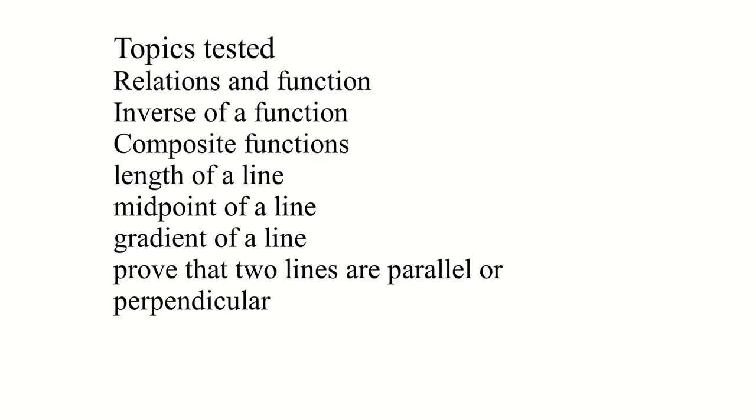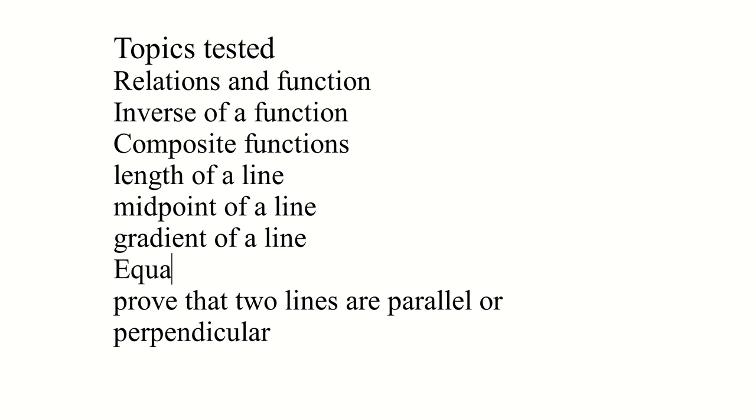Length of a line, midpoint of a line, gradient of a line. Are they giving a formula sheet? No, they're not giving you a formula sheet. Oh, and equation of a line, sorry. Next one is equation of a line.